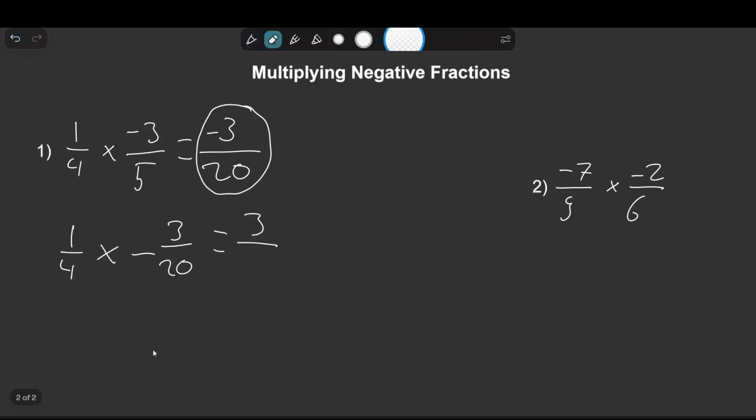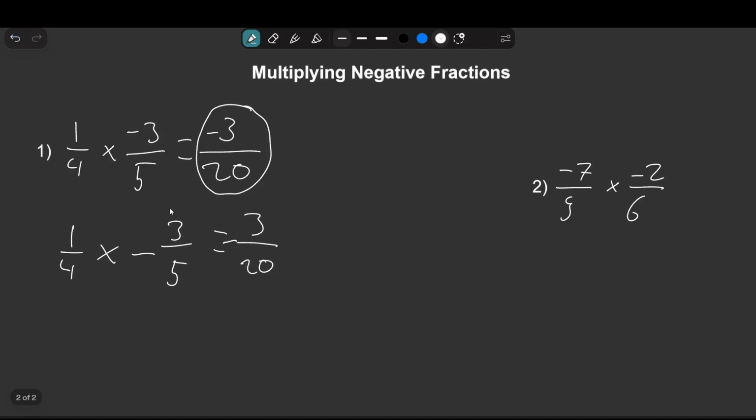Oh, my bad, guys, this was supposed to be a 5, not a 20. So 4 times 5 equals 20, but it is negative, and we're multiplying positive by negative, so the whole answer will be negative. So negative 3/20.